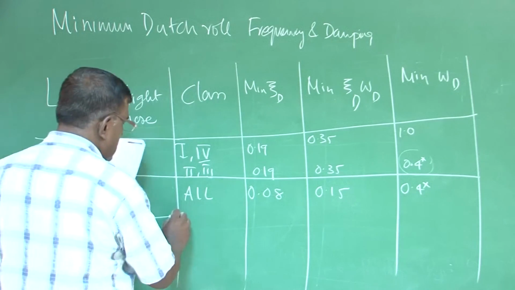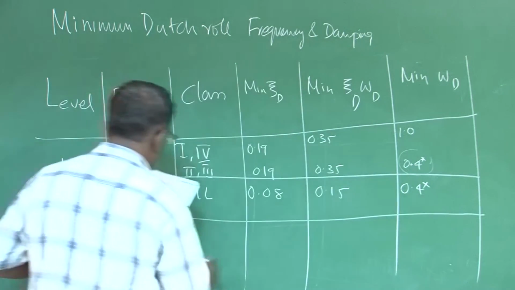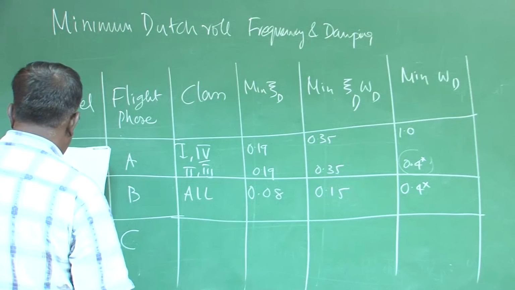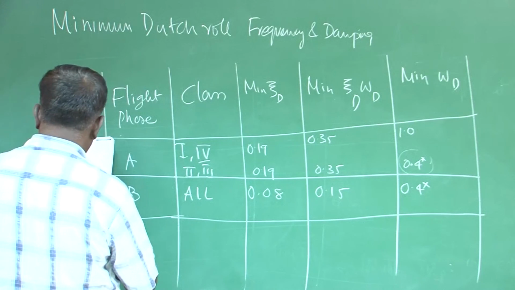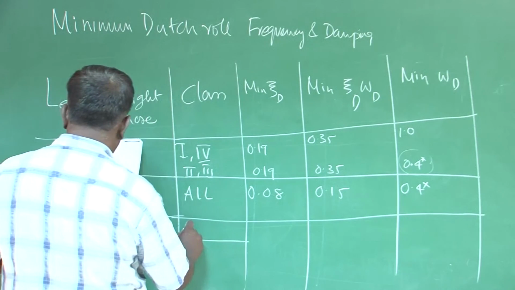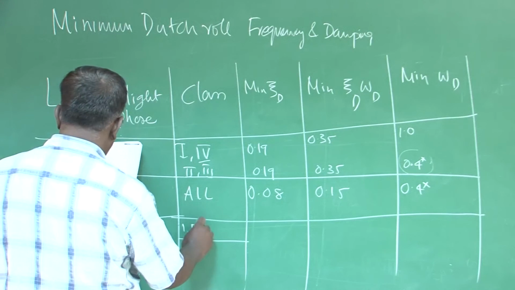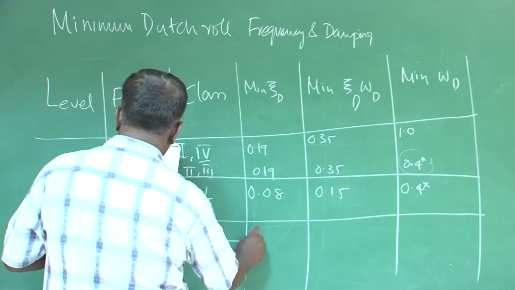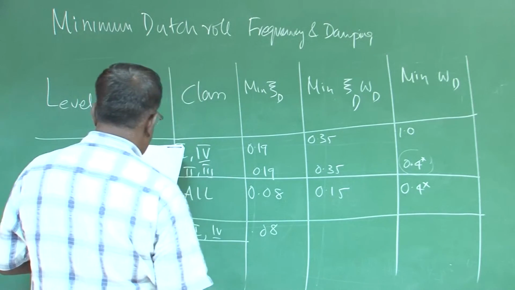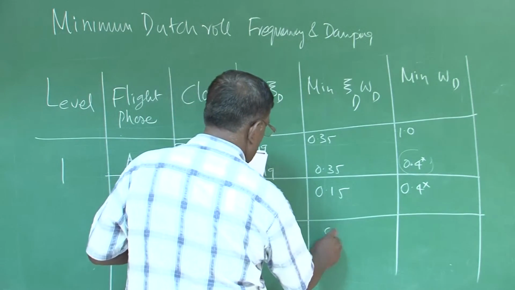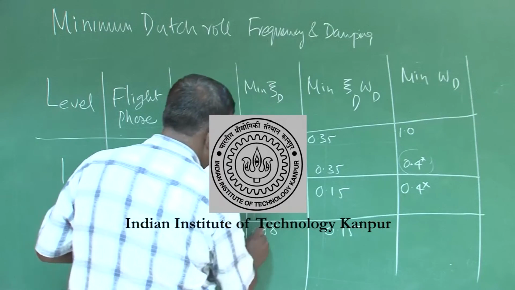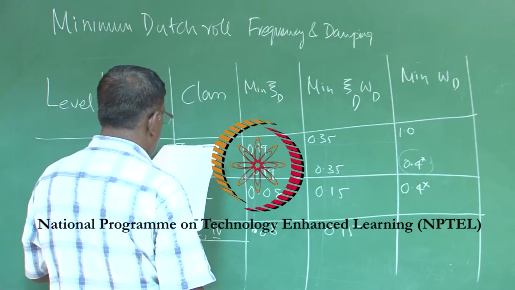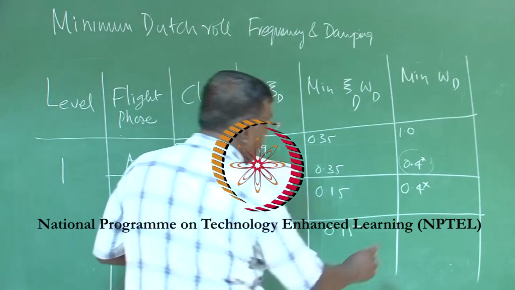For C, for flight phase C, again you will see that for 1, 2, and 4, it will be 0.08, 0.15, this is 0.08, 0.15, and 1.0.